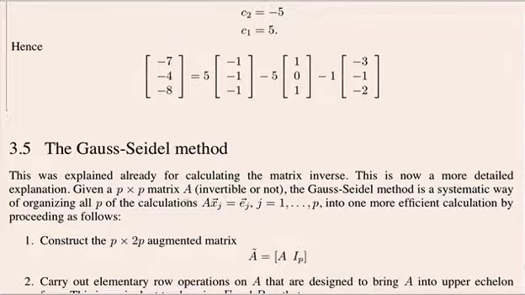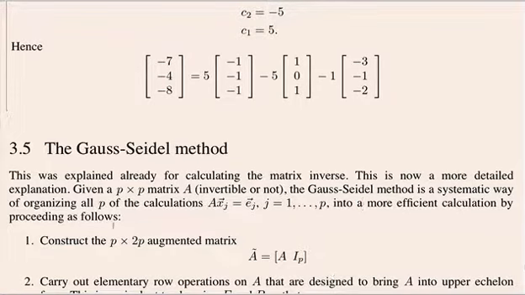Given a P by P matrix A, invertible or not, the Gauss-Seidel method is a systematic way of organizing all P of the calculations, A X_j equals e_j, j going from 1 to P, into one more efficient calculation by proceeding the following way. First of all, we construct the P by 2P augmented matrix, where we put together A and the P by P identity matrix.